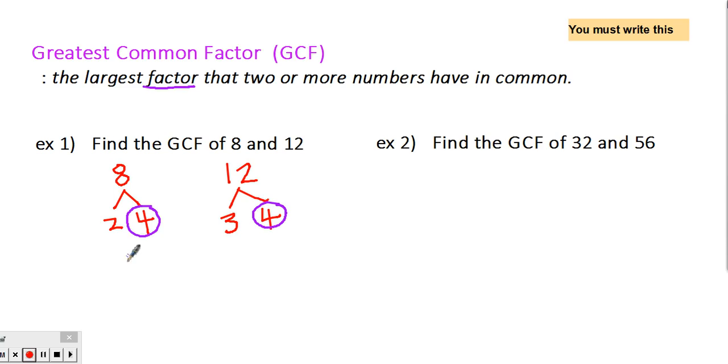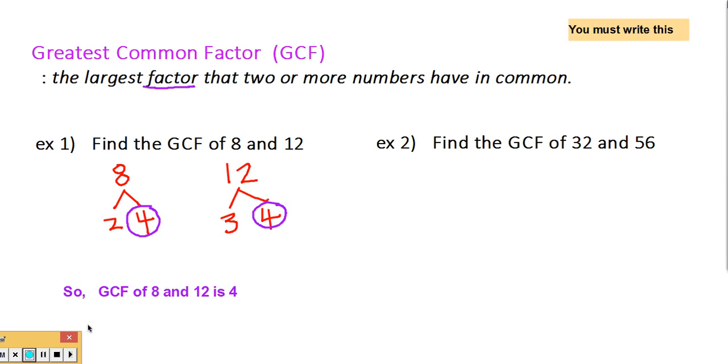So what is the largest whole number that is divisible into both 8 and 12? That is going to be 4. 8 divided by 4 is 2. 12 divided by 4 is 3. You can divide both numbers by 4. So, the greatest common factor of 8 and 12 is 4.